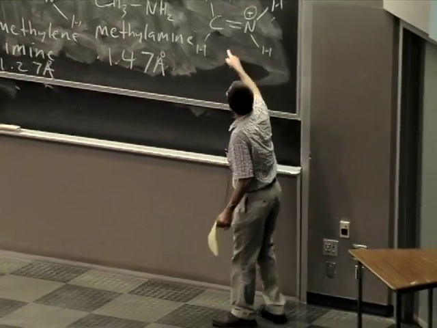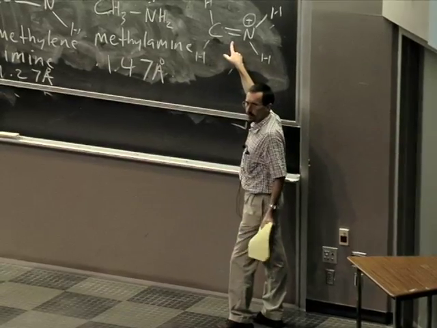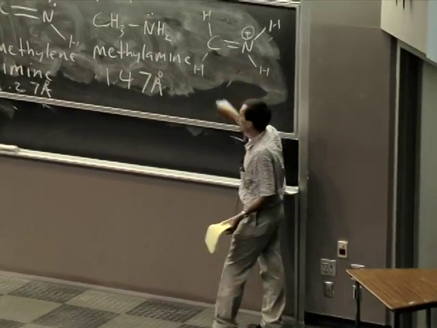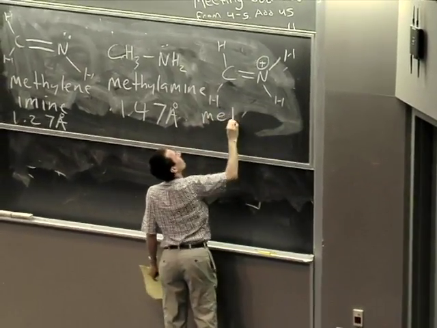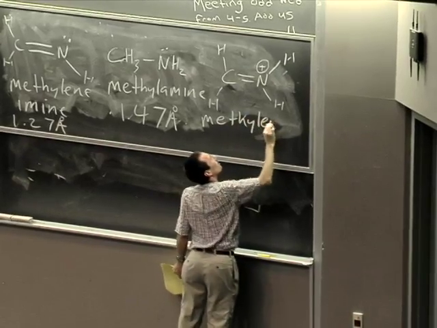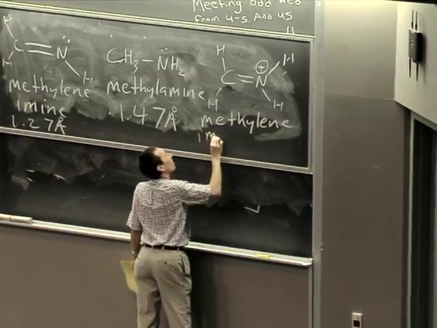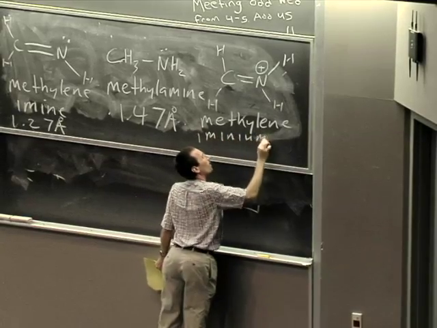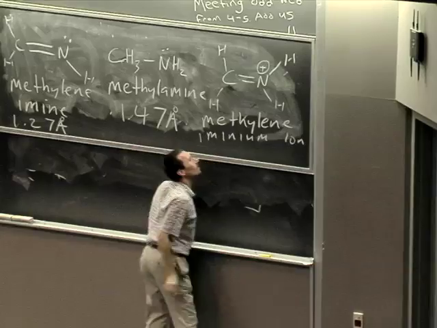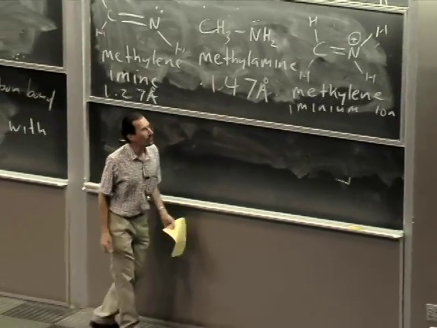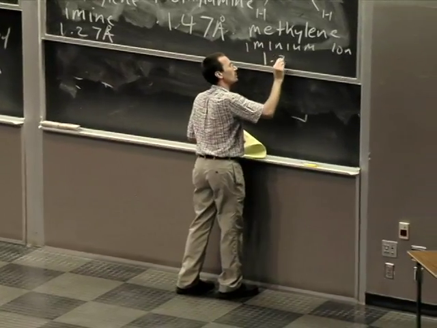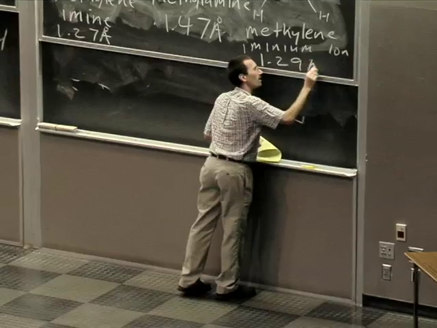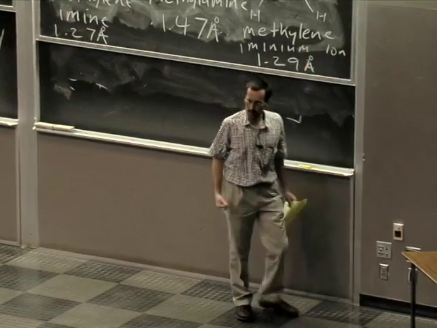Now, the length of the carbon-nitrogen bond in methylene iminium ion is 1.29 angstroms.